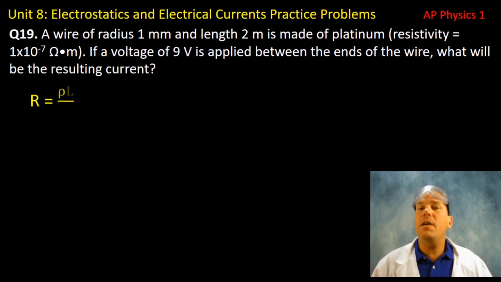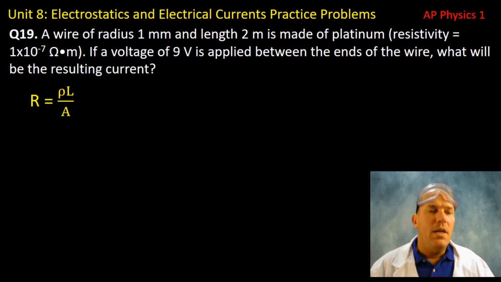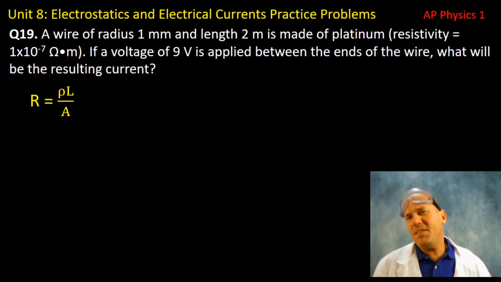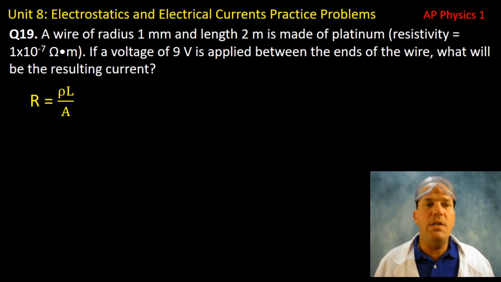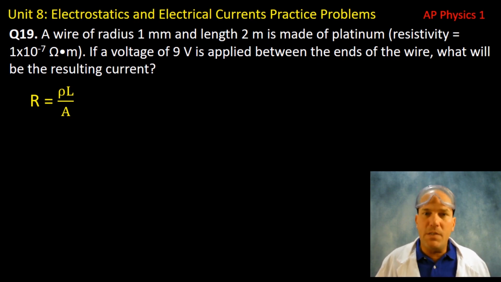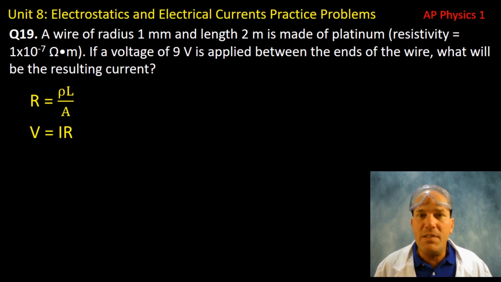All right, so let's look at what we're given here. We're given information that is hopefully going to lead you to understand you need to consider the resistivity, the length, and the cross-sectional area to calculate resistance.